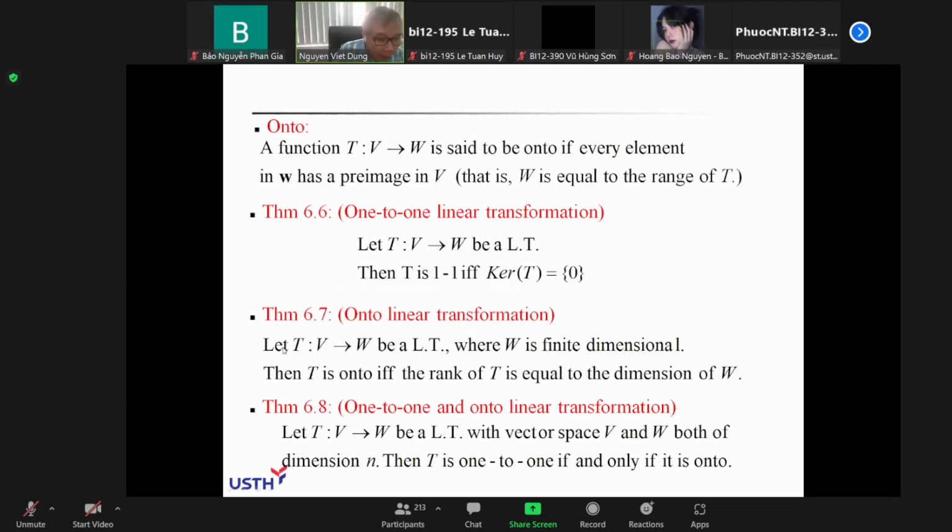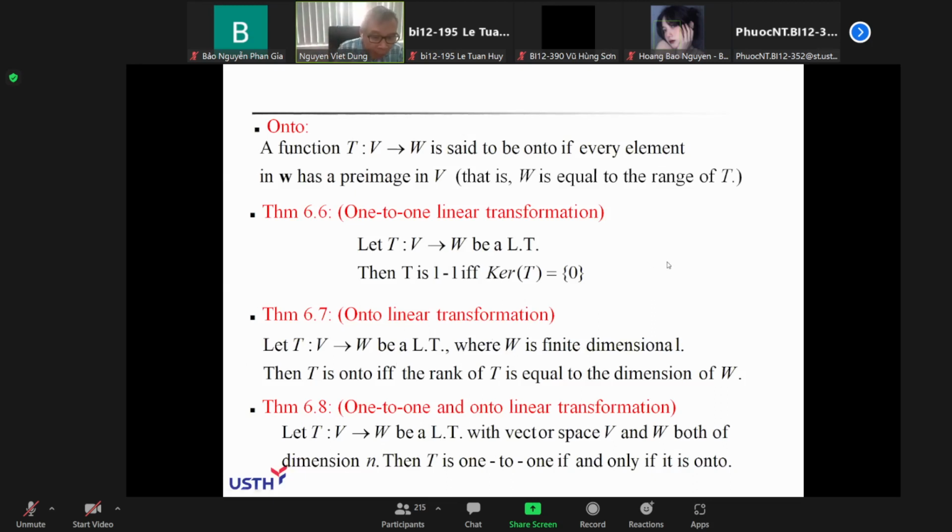Then T will be onto if and only if the rank of T equals the dimension of W. The rank of T is the dimension of the range of T, and the range of T is a subspace of W, and onto requires that the range equal the codomain, so the dimension of the range equals the dimension of W. That is what we have here.